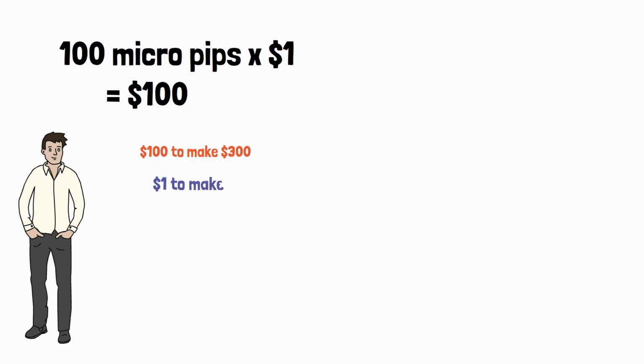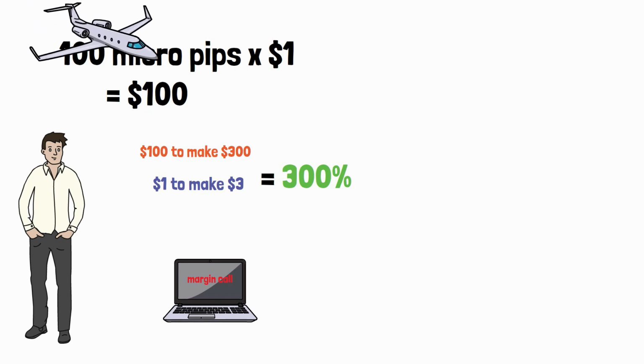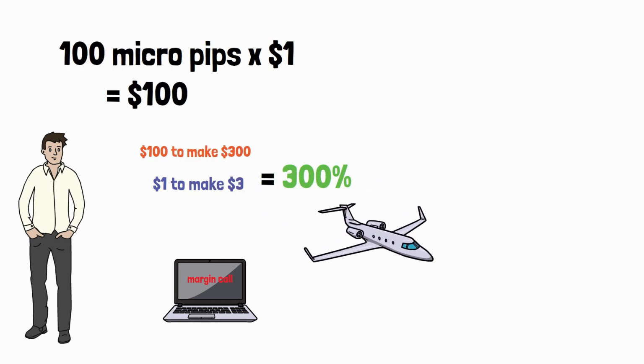And in the previous example it was $1 to $3, so essentially it is the same 300% return regardless. But guys, as I say, big risks, big rewards. Either you're going margin call or you're going private jet.